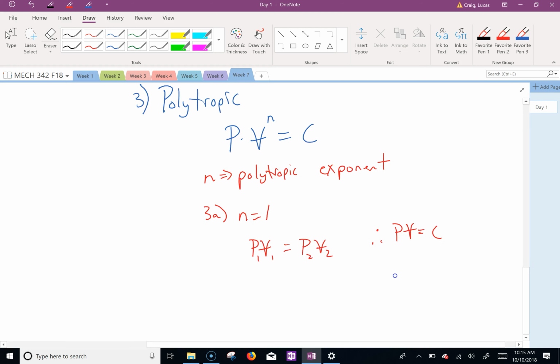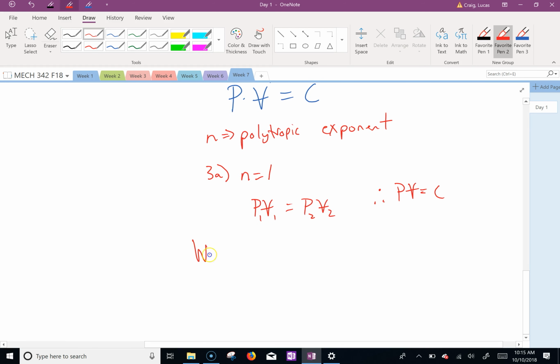So if we want to figure out our work, what does P equal if we use this equation here? C over V. Yep.